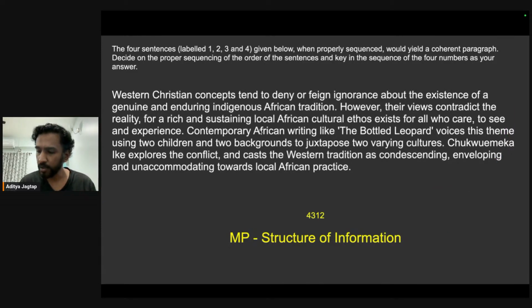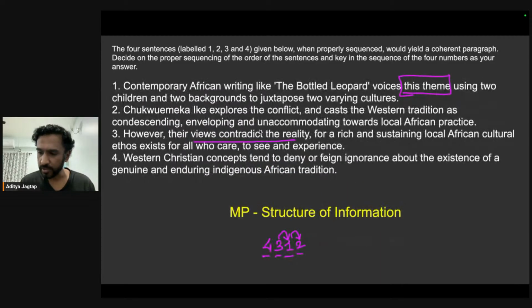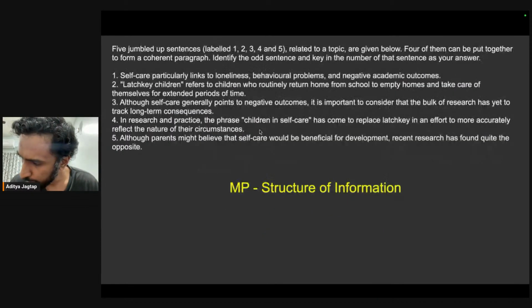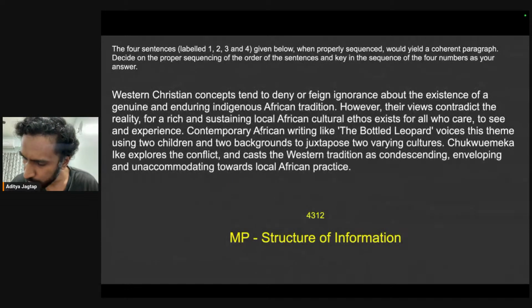And if you notice, we can spot the main point of the author if we pay attention to the keywords which we noticed here. Western concepts, Christian concepts tend to be ignorant about the existence of enduring indigenous African tradition.